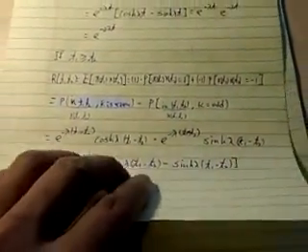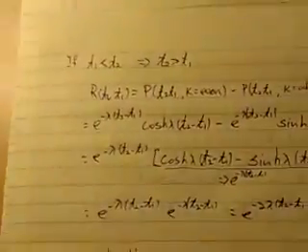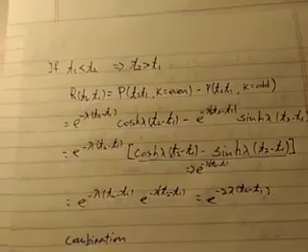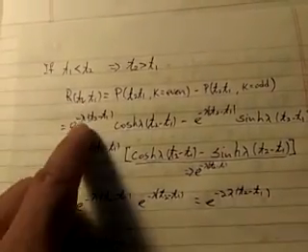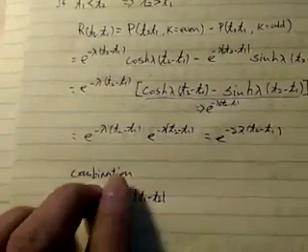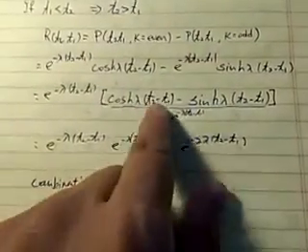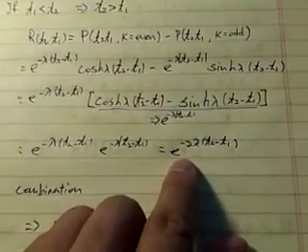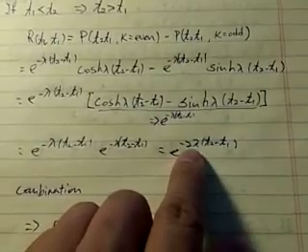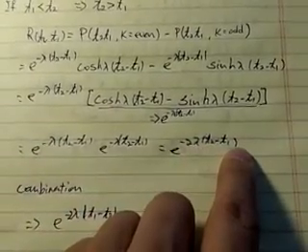So how about when T2 is greater than T1? When T2 is greater than T1, the autocorrelation value will become this one. We follow the same process here, and then here we become e to the power of minus 2 lambda (T2 minus T1).